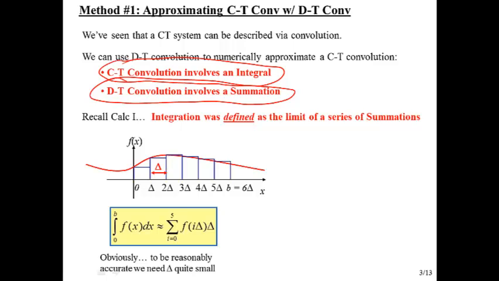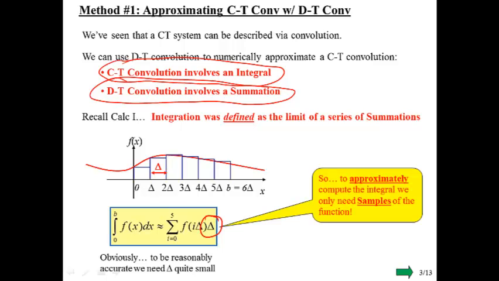Now, obviously, this delta here is going to be the sampling interval that's involved in our discrete time simulation of the circuit, as we'll see in just a little bit, and the smaller that sampling interval is, the more accurate this method will be. But the important thing here is to see that to evaluate this integral, or even the one that involves the trapezoids, all we really need to know are samples of the signal that we're trying to work with.